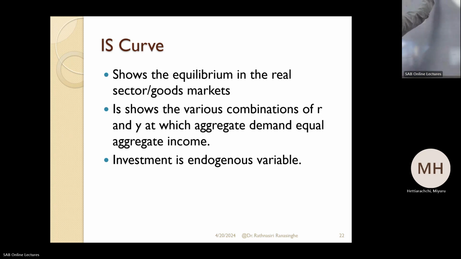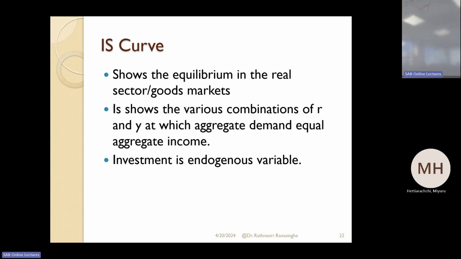I means investment and S means savings. So investment and savings are the factors which are represented in the real sector. So the IS curve represents the real sector equilibrium, the goods market equilibrium.